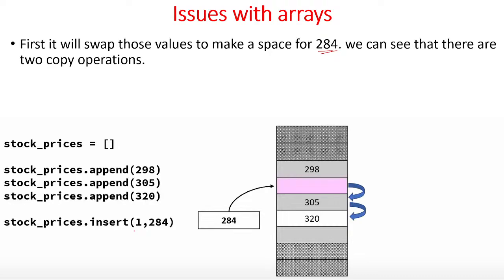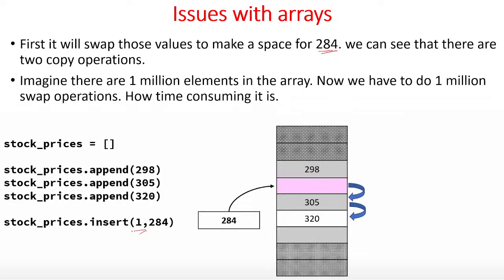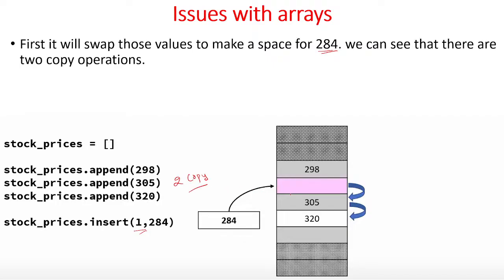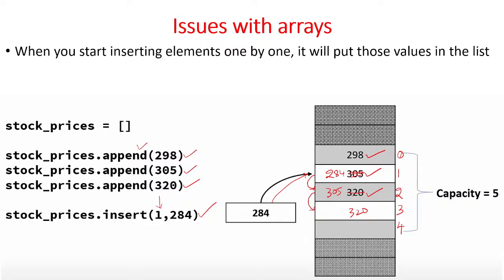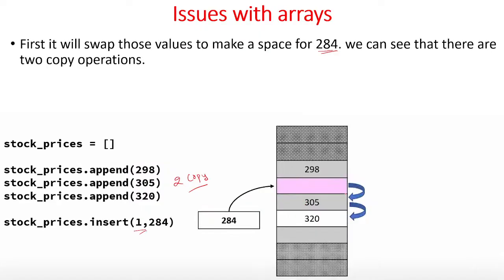For three elements it is performing two copy operations, because it needs to copy 320 from this location to this location and 305 from here to here.